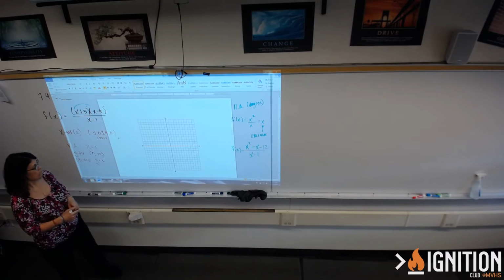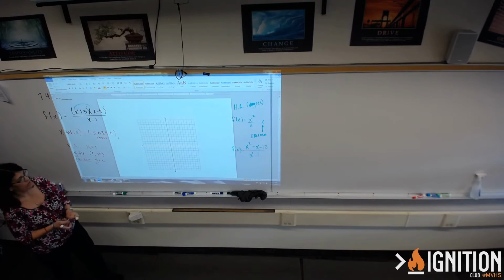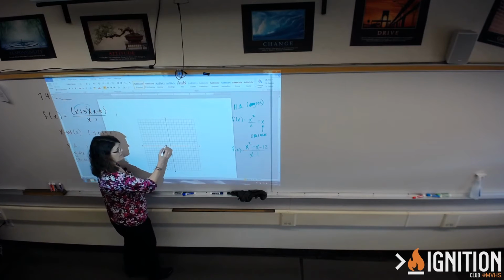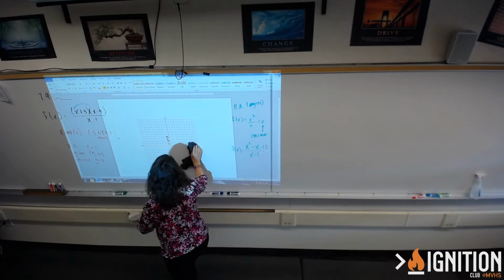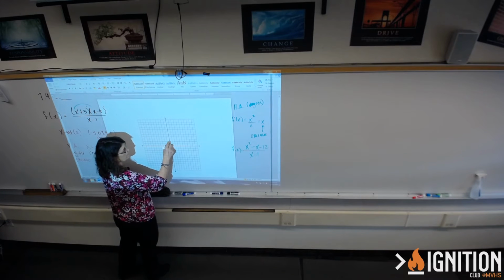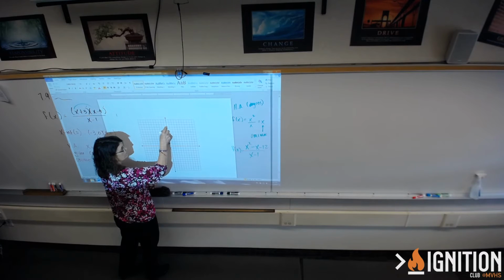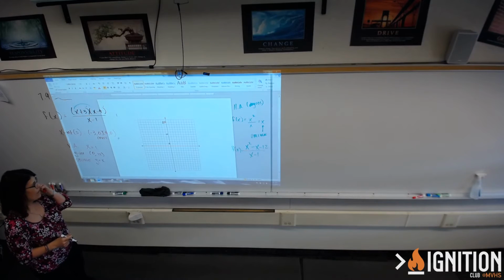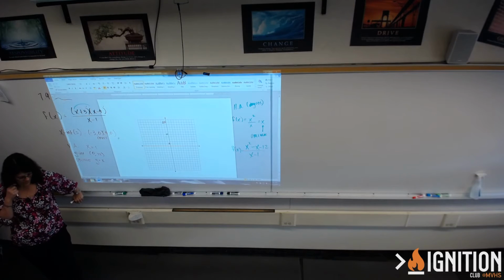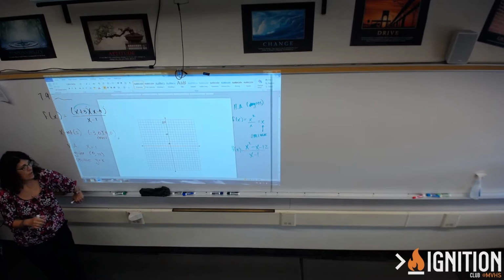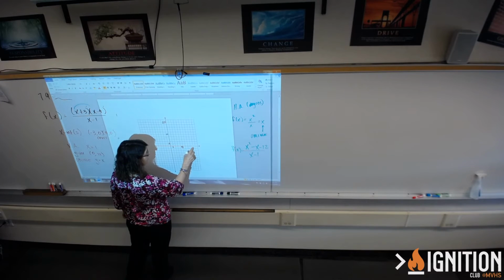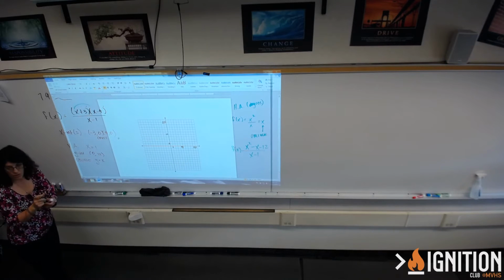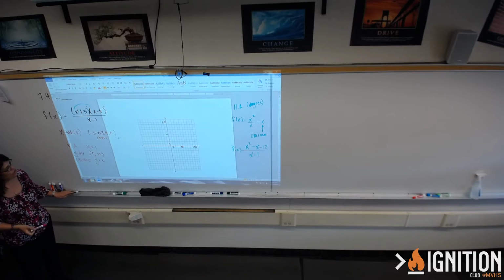Okay, so just make sure you label. If you have a straight edge, you should use one. I recommend it; there are rulers in the back. You should get one.